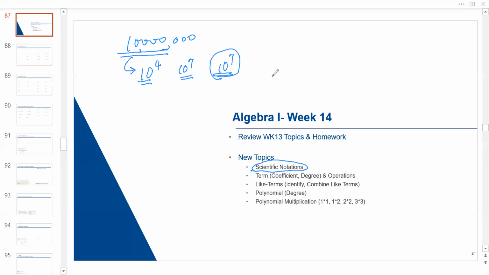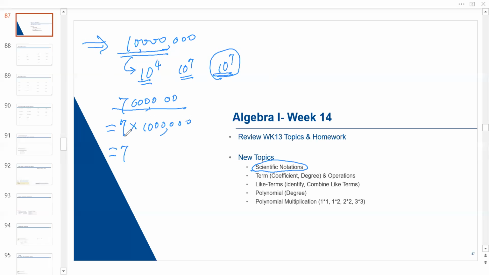So when we do scientific notation for big numbers, we can use something like 7 million. You can see this 7 million is actually 7 times 1 million, right?